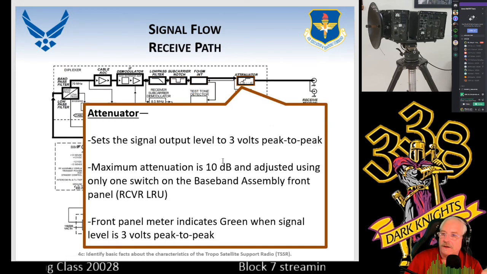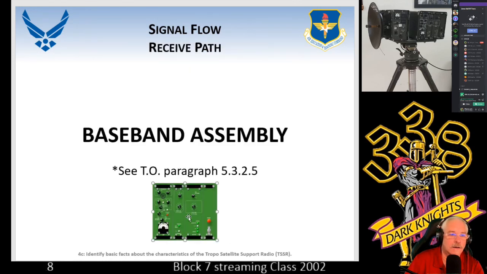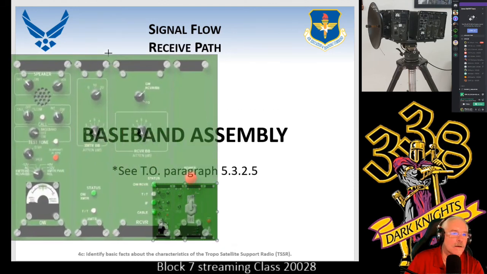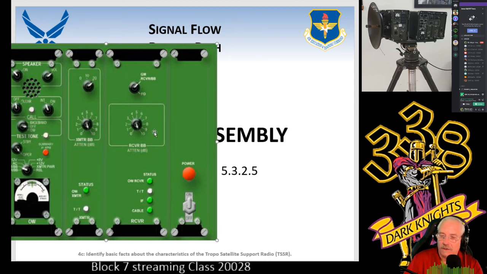Next up, we have an attenuator. This one's a little bit different. This one only goes from 0 to 10. Where's that? Right below the GM switch. Because we don't have such a strong signal, there's probably going to be very little attenuation. Now, how do you figure out how to get it to where it's supposed to be?